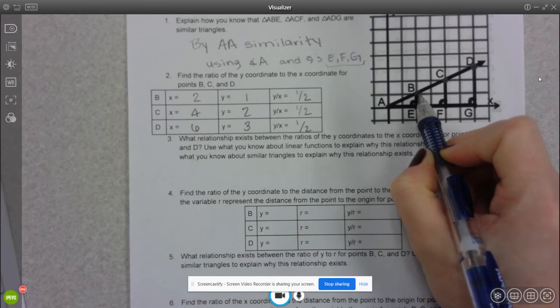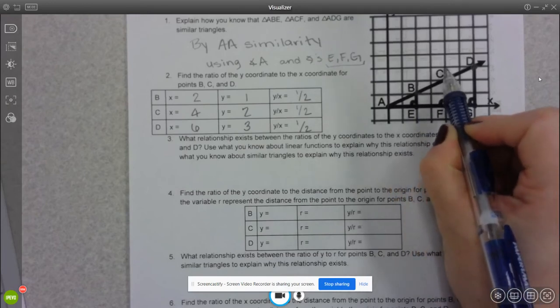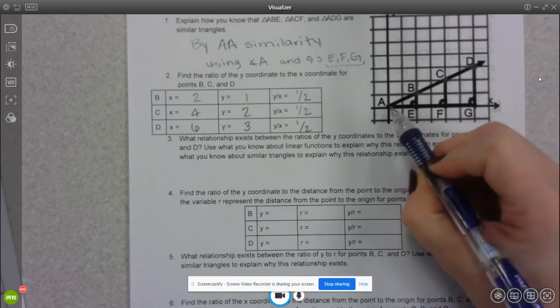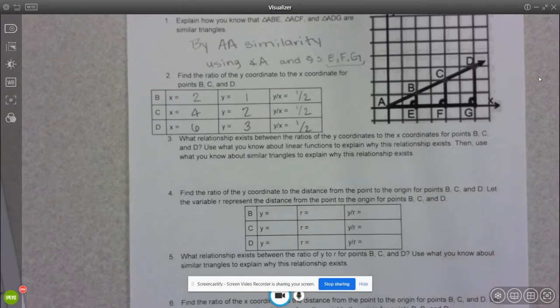To get from B to C, I'm going up 1 and over 2. To get from C to D, I'm going up 1 and over 2. These are all collinear points, or they all lie on the same line. So since they're all living on this same line, they should all be related using the same slope.